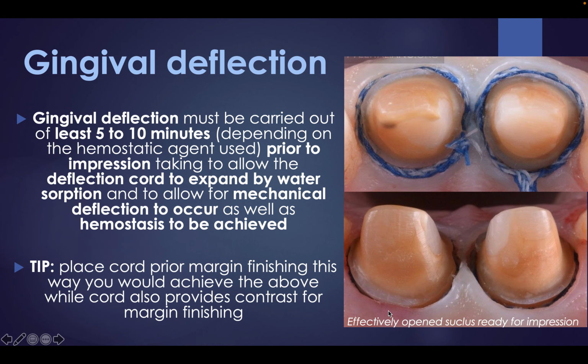This is a beautiful image showing you exactly that prior to putting the impression, you have effectively expanded the sulcus. Now you have to leave this in place before removing for, as I said, 3 to 10 minutes according to your manufacturer. You have to wait, because there is not only mechanical pushing but also chemical effect of shrinking, so you have to wait.